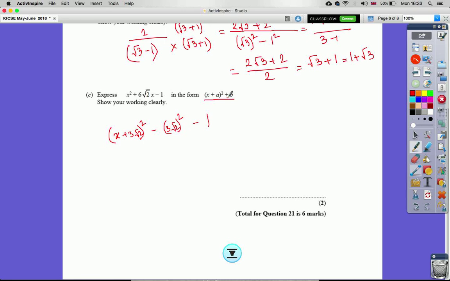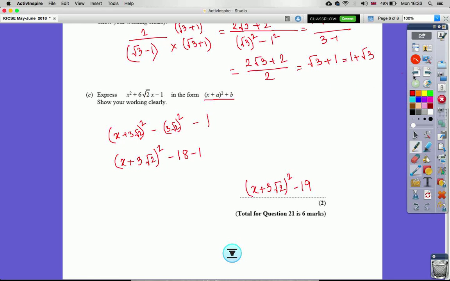And the minus 1 is not part of the completing square process, so you leave it separate. So you've got x plus 3 root 2 all squared minus 18 minus 1. Your final answer: x plus 3 root 2 squared minus 19.